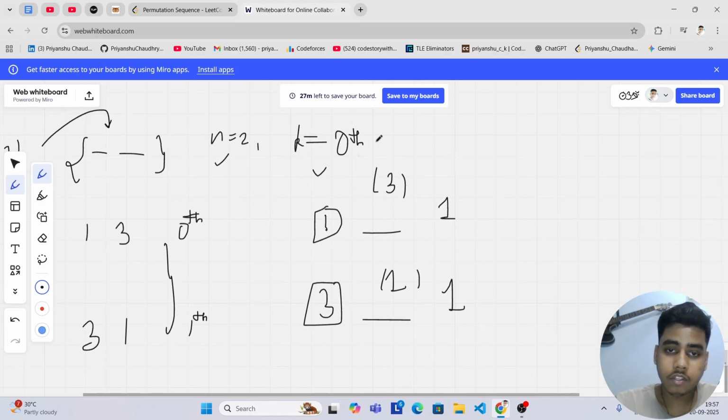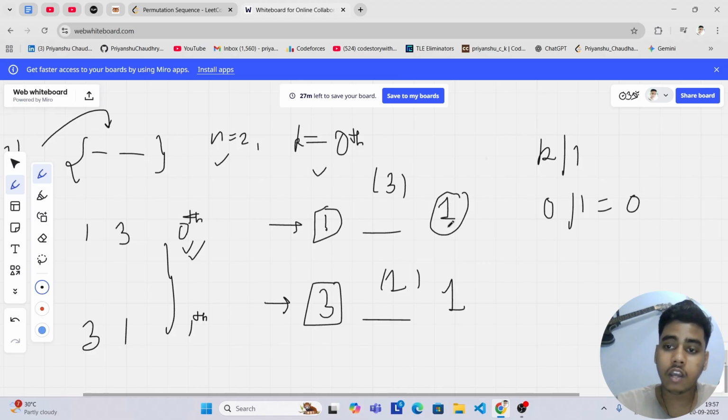Now I have to find the 0th element here. How will I know whether the 0th element is lying in this block or that block? For that I will divide k by the size of every block. The size of every block is 1, so I will divide 0 by 1.